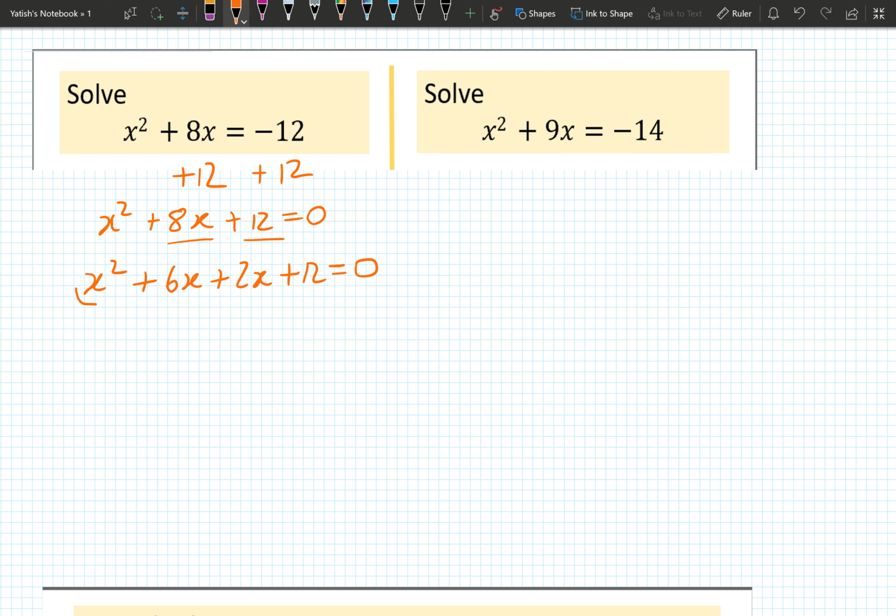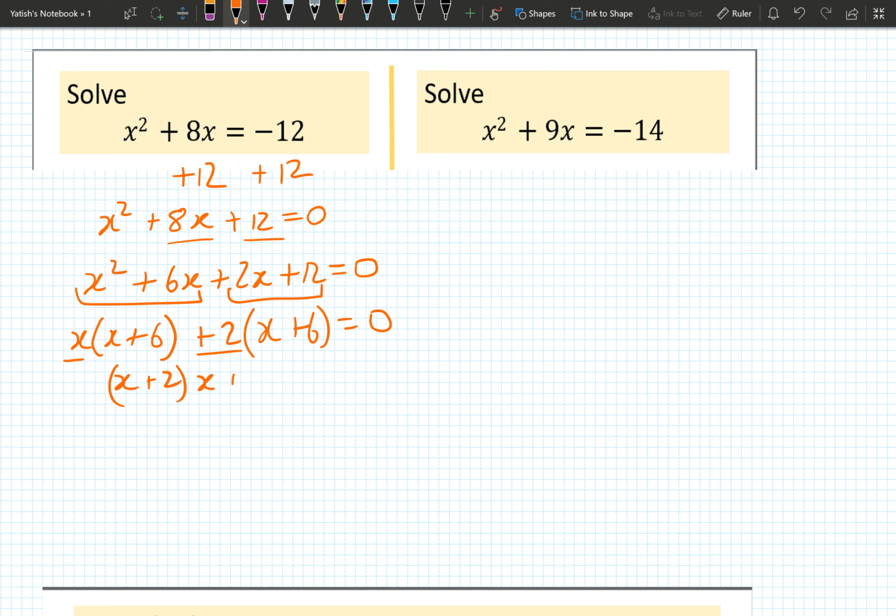And then I can factorize these two bits here. So I have x times (x plus 6) plus 2 times (x plus 6) equals 0. And then I can combine these two to get (x plus 2)(x plus 6) equals 0.